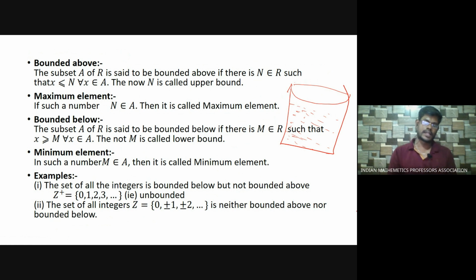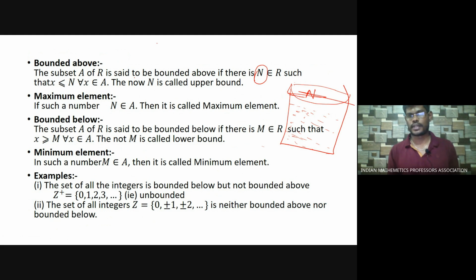Okay, so here we have some formal definitions. Bounded above: a subset A of R is said to be bounded above if there is an n belongs to R, where n is the maximum element in R, such that x is less than or equal to n.